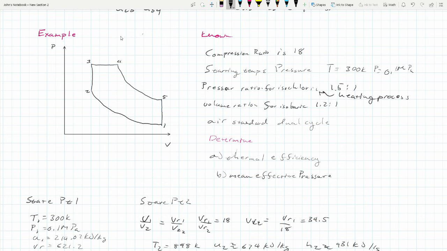Because you might have been asking, well, John, why did I just use that down there? That's why. It's for the heating process. And the same thing for the volume ratio for the constant pressure part of the heating process. That's why they were different. All right, I hope that alleviated some confusion. I'm very sorry for not writing in that part of the heating process.